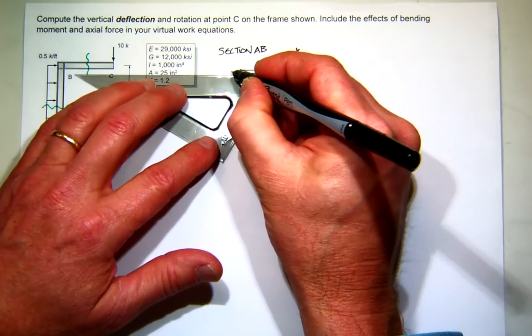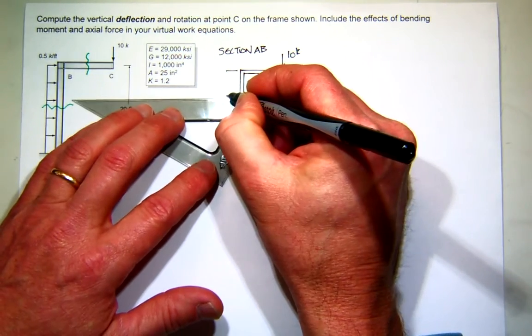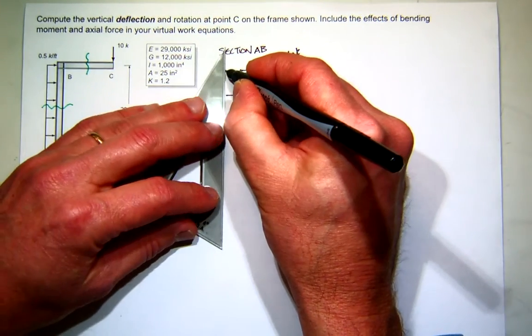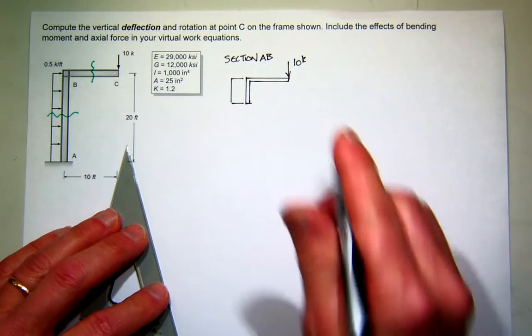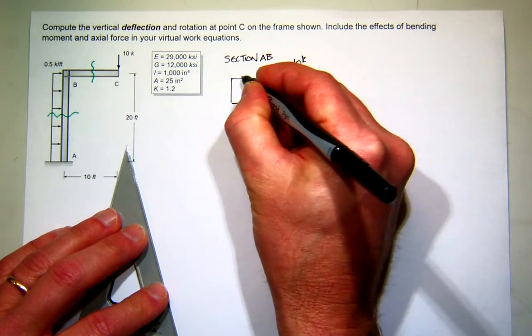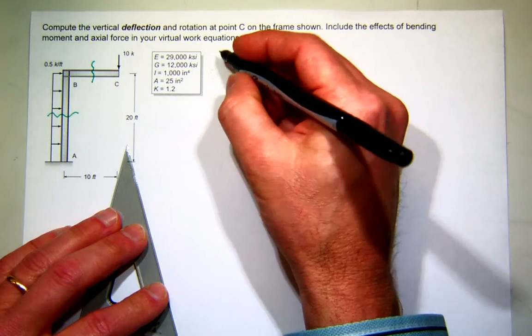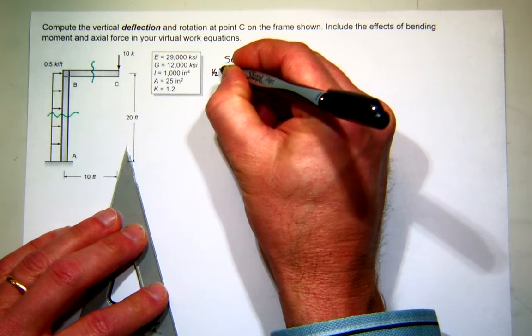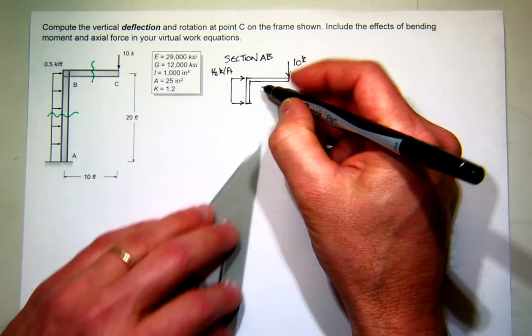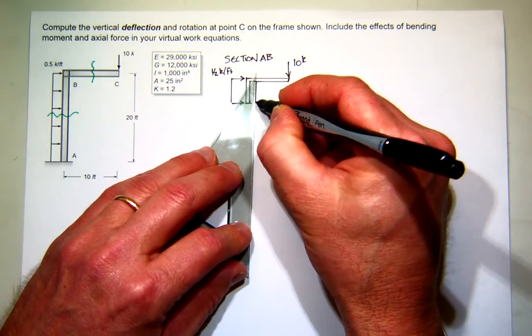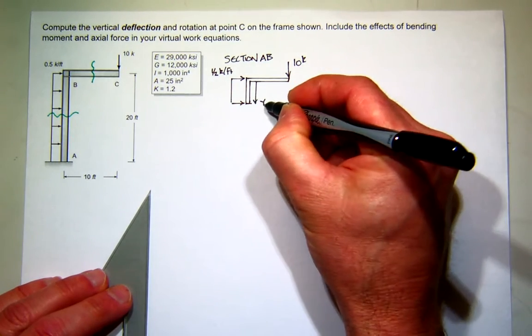And then what else do I have? I've got this part of the distributed load. Oops, sorry, that'd be half. That has an intensity of half a kip per foot. Now, I'm going to arbitrarily call this distance that I'm going to integrate here y.